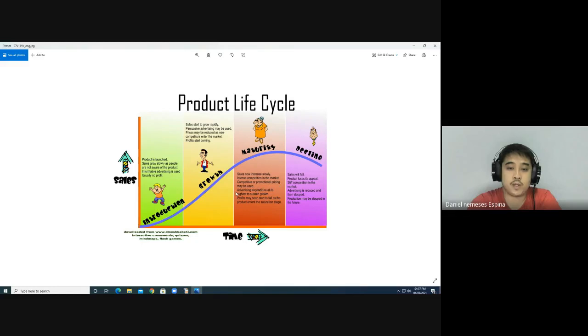Competitive or promotional pricing is used. The advertising expenditure is very high because you need to invest in the advertising to sustain the growth, and the profits may soon start to fall as the product enters the saturation stage.